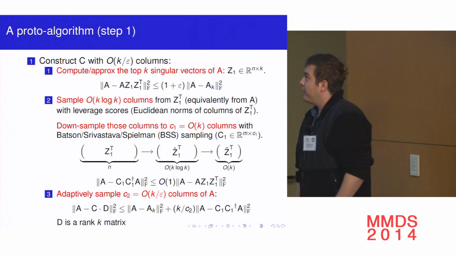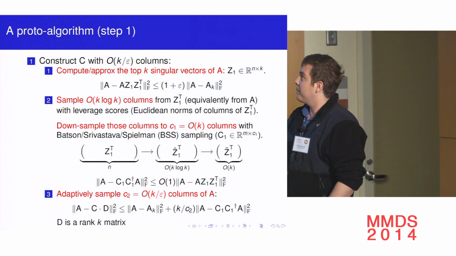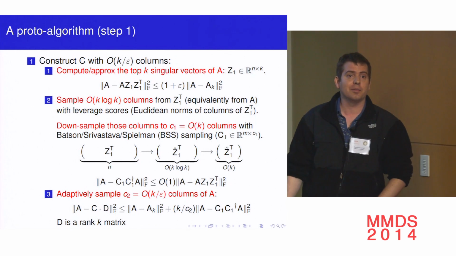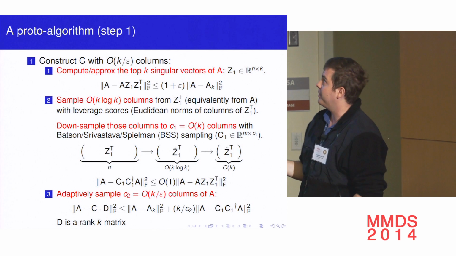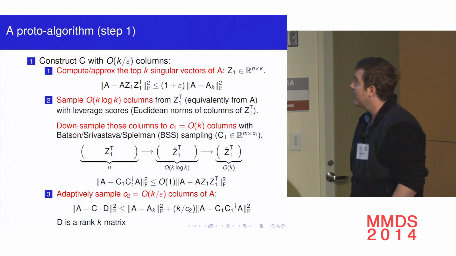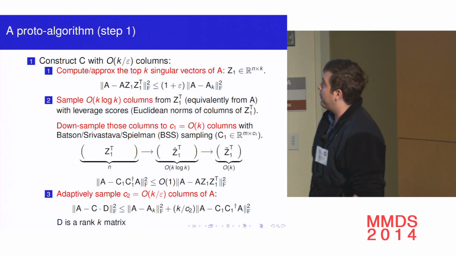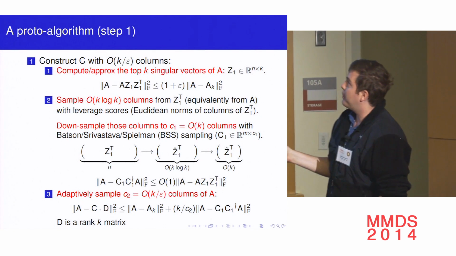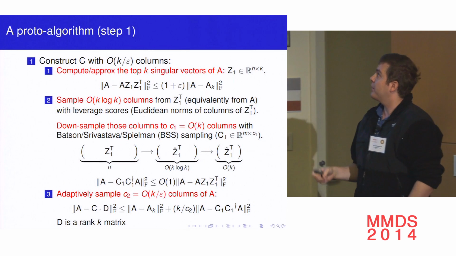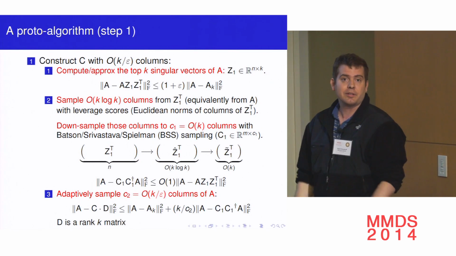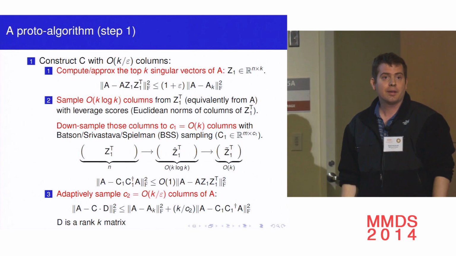So the first step of this algorithm is to find a good subset C of k over epsilon columns. And the very first step to do this is the following. We first compute an approximation to the top k right singular vectors of A, the top k principal components.